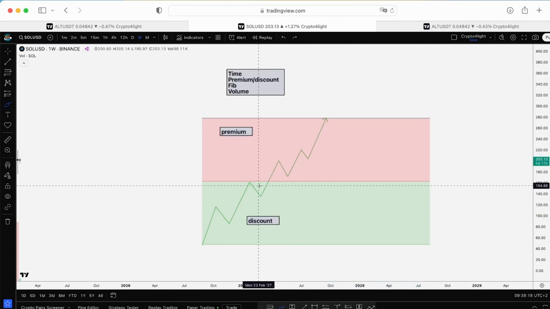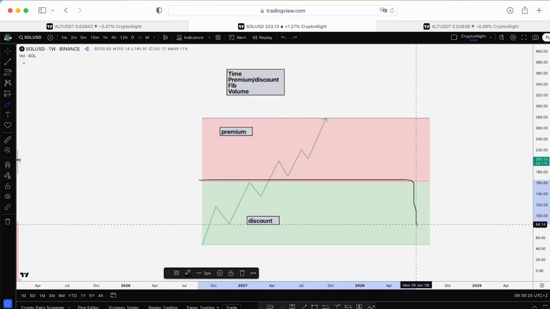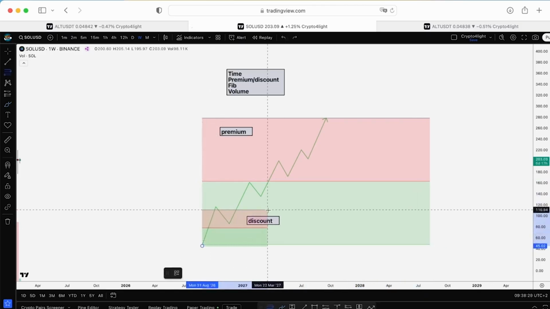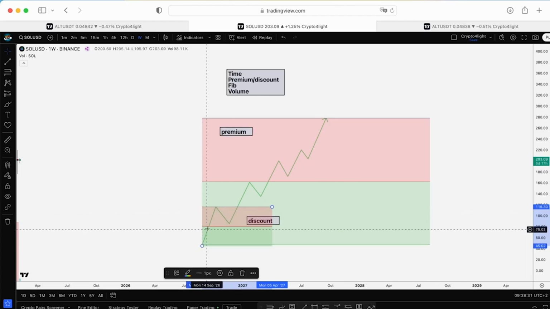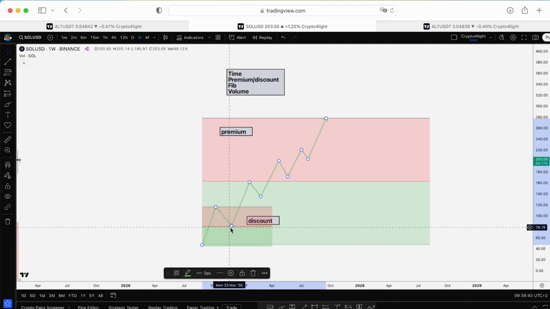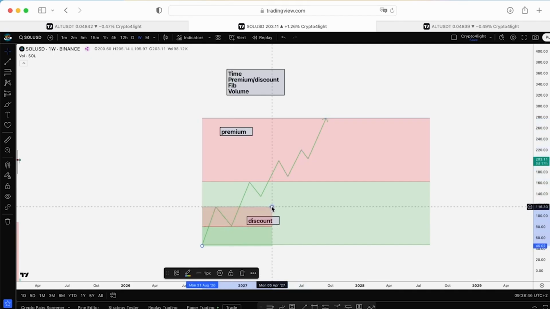When we just start an impulse, we can't know whether it is a discount zone or not. So this is an impulse and this is a correction. The correction may not hit the equilibrium, or maybe, like this one, it hits the equilibrium. Equilibrium is usually also a comfortable zone to buy, but with not so good risk reward.